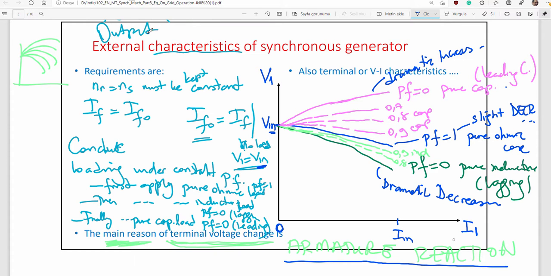You know what armature reaction is, what the result would be, but we observe armature reaction effects experimentally by conducting external characteristics.